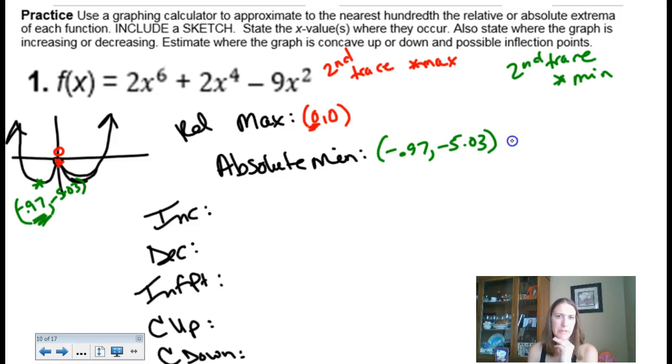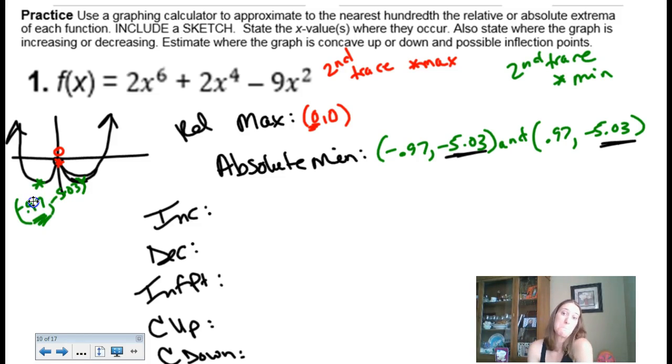Spoiler alert, there's some symmetry. So this guy over here is (0.97, -5.03). But notice both y values were the same. So that's why we considered it an absolute minimum. It doesn't dip down forever. It's an even function. That's what's happening here. All right, so increasing versus decreasing.